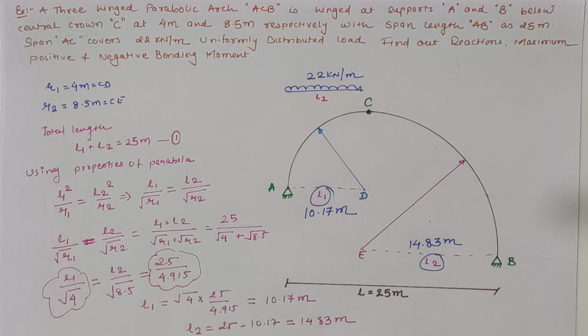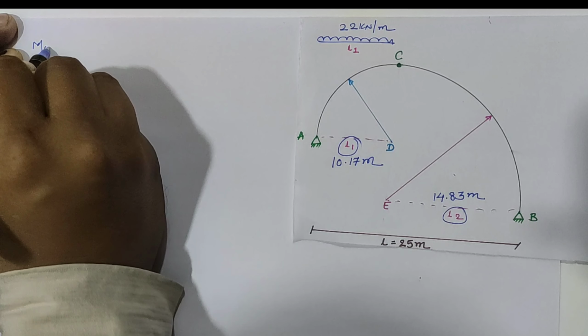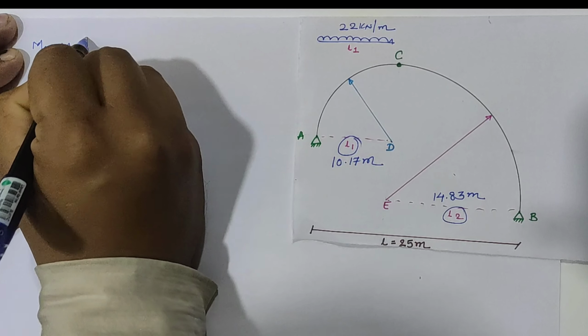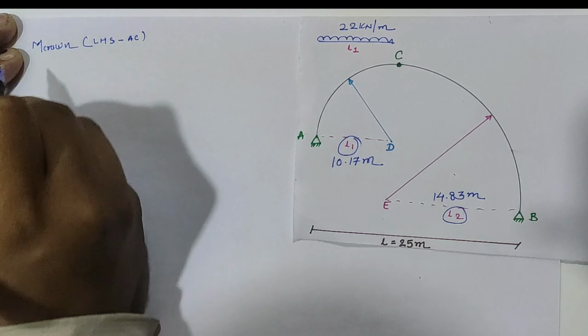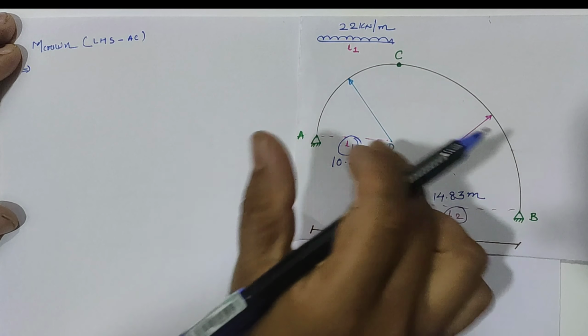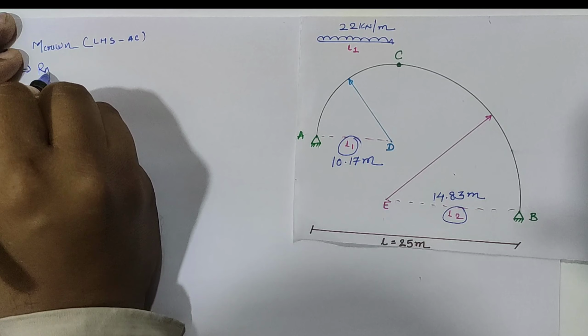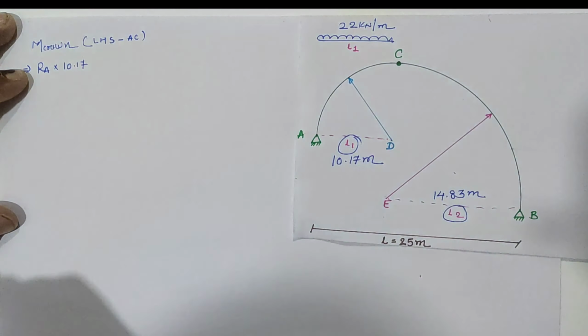Now let us go ahead with the calculation of support reactions. If we take moment at the crown and consider the left-hand side part, the A to C part, we have RA into L1, which means RA into 10.17, in the clockwise direction.